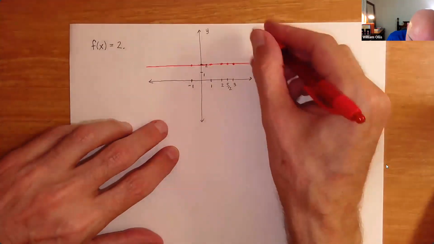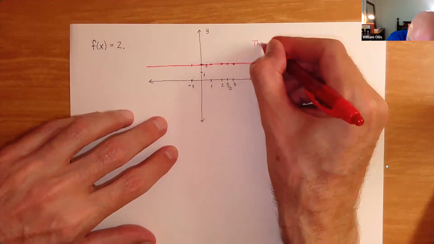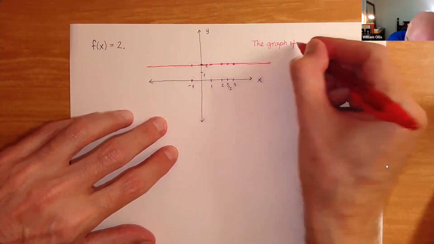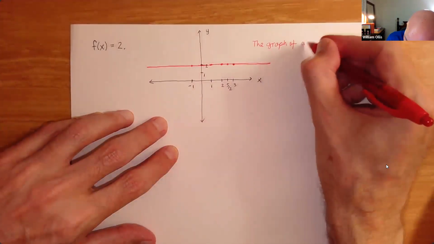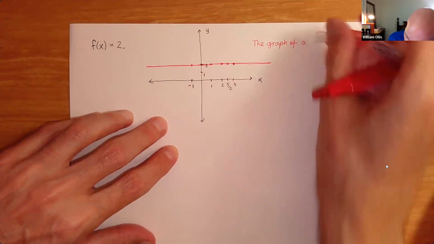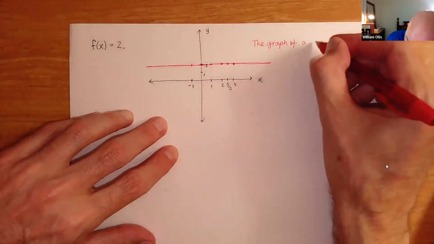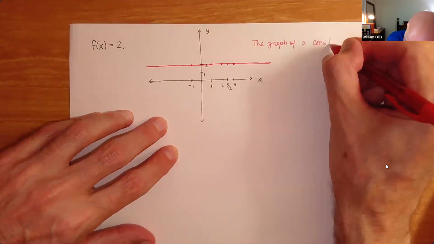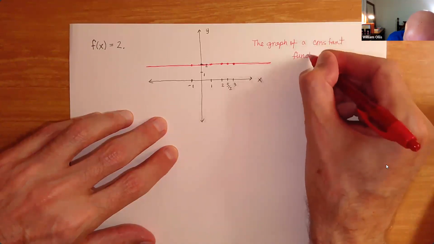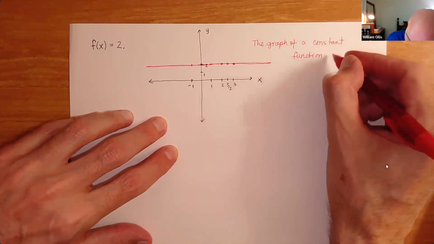And so what we see is the graph of, well, let me not let the cat out of the bag yet. The graph of a constant function is a horizontal line.